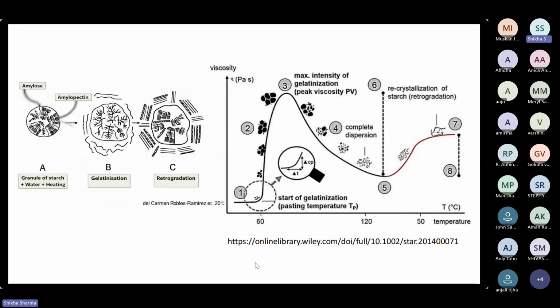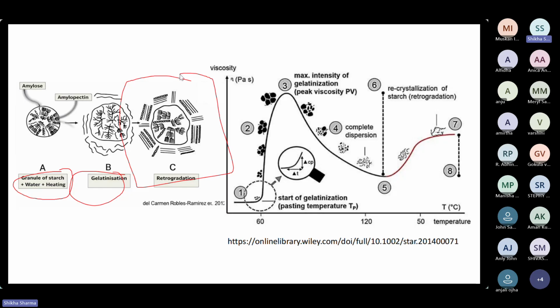If we see the structure of amylose and amylopectin, when they get heat and water, they gelatinize, and after some time the retrogradation process starts. In that, there is again a restructuring of the starch molecules.